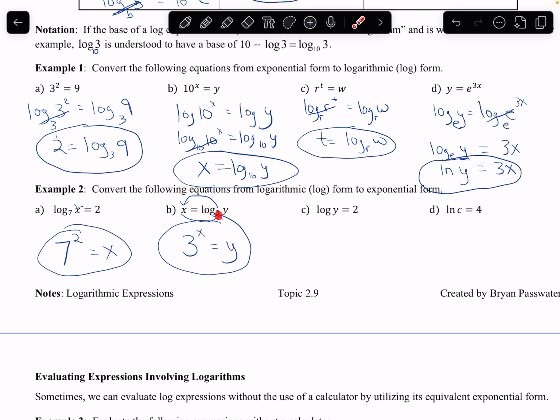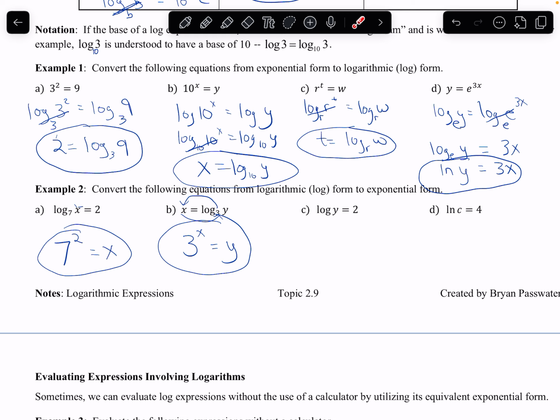Well, this is the power, x. So I raise 3 to the x to get y. That's how you read a logarithm.